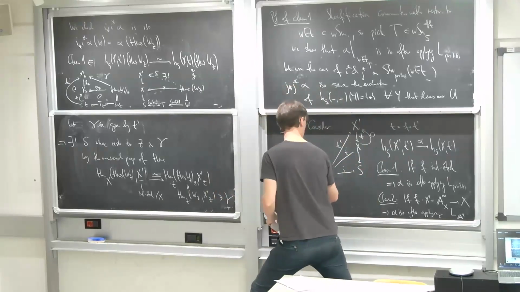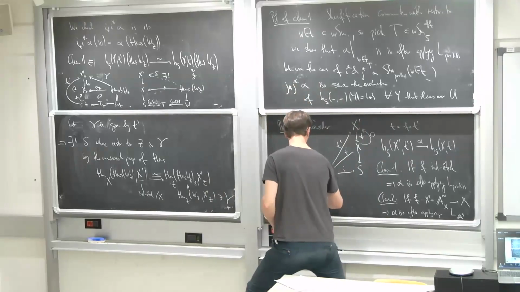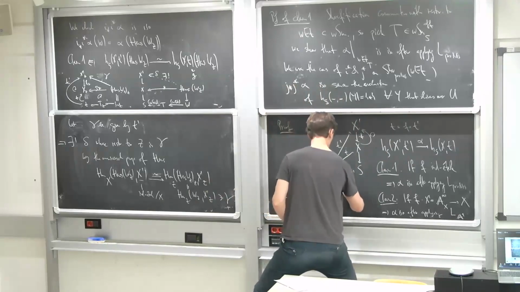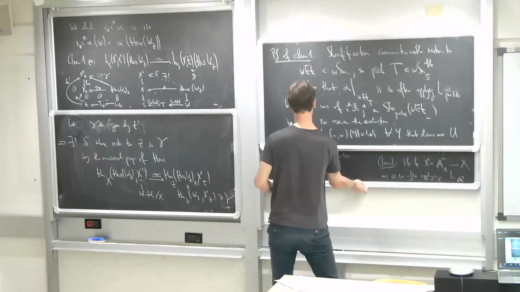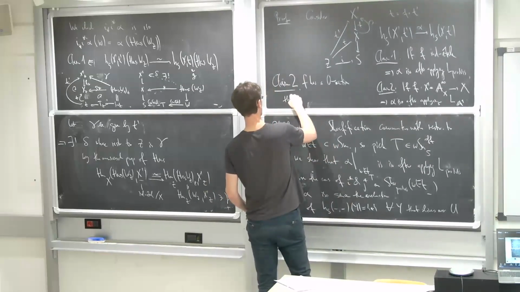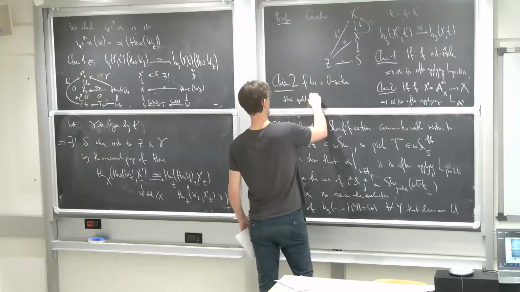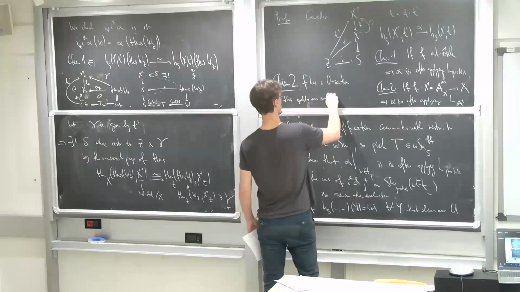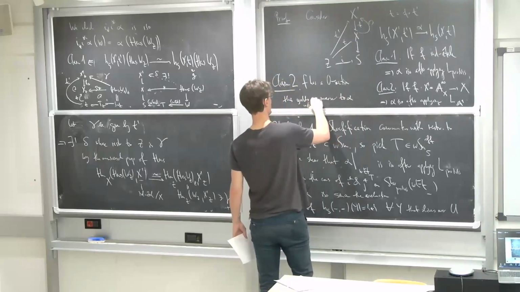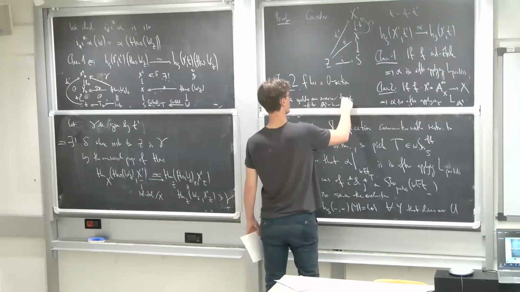Yeah? So let me say it this way. So F has a 0 section, and this yields an inverse to our map alpha up to A1-homotopy.